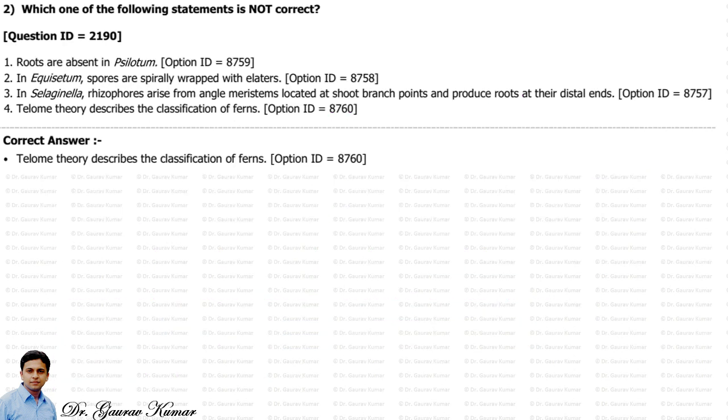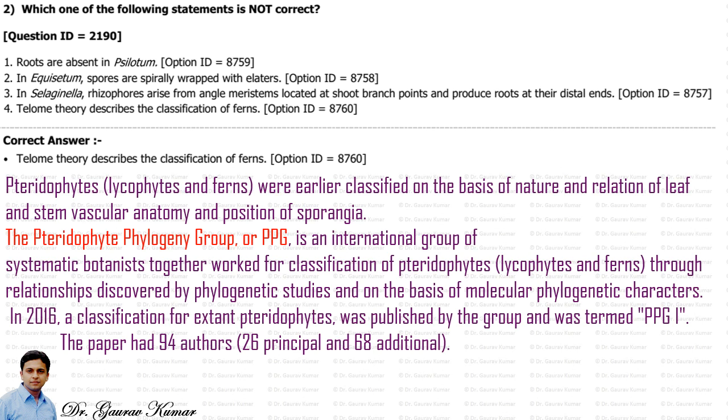Next question: which one of the following statements is not correct? The answer was that telome theory describes the classification of ferns, which is wrong, because pteridophytes, lycophytes and ferns were earlier classified on the basis of nature and relation of leaf and stem, vascular anatomy and position of sporangia. But then the Pteridophyte Phylogeny Group came out, called PPG.